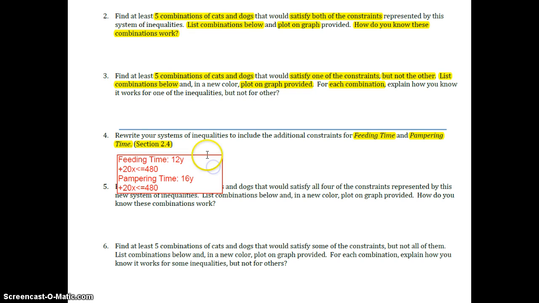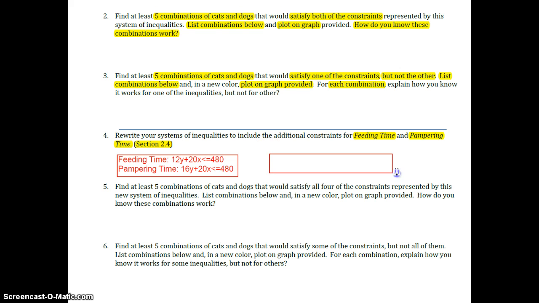Again, go back to section 2.4 if you're not sure where all that comes from, because at this point we're moving on. And just like before, x equals our number of dogs and y equals our number of cats.